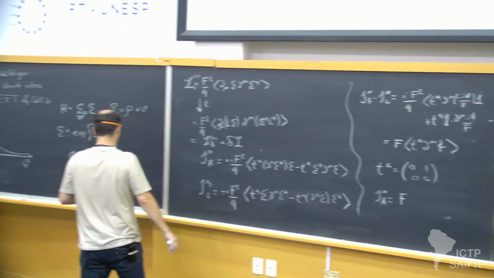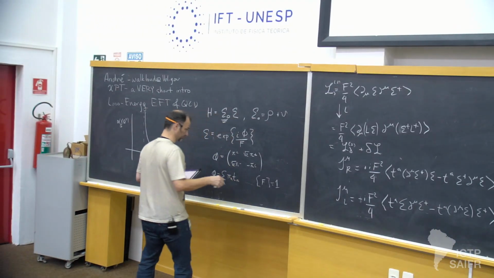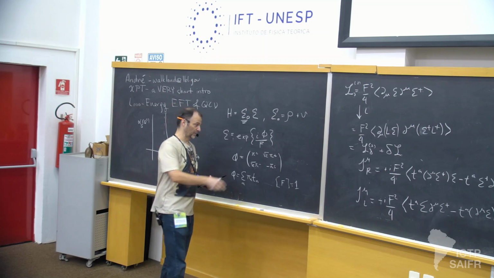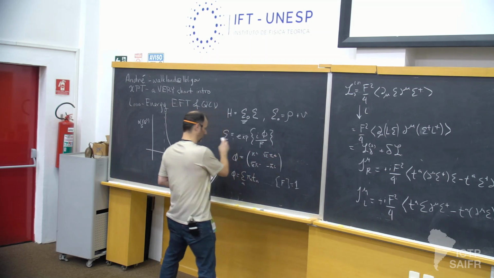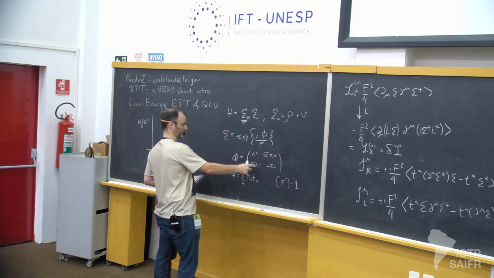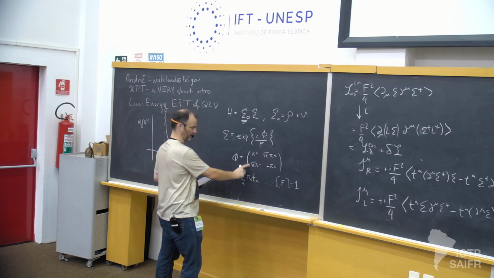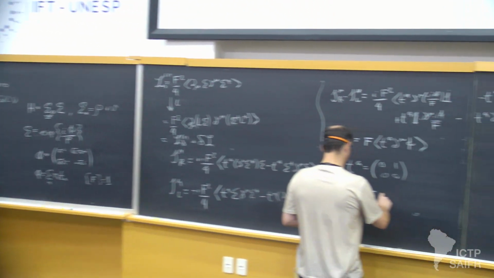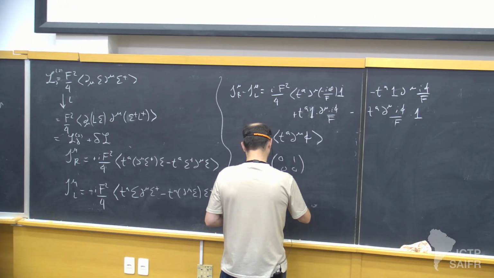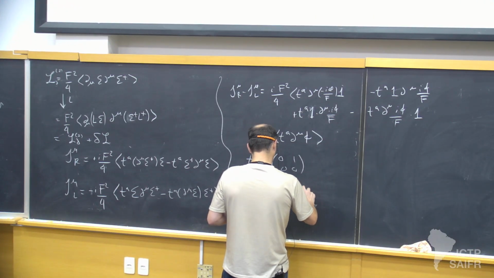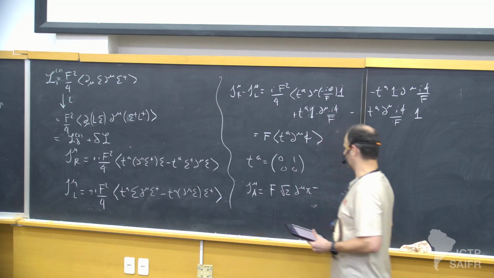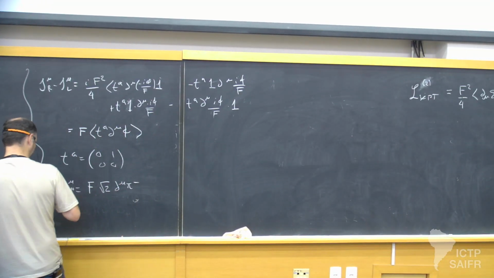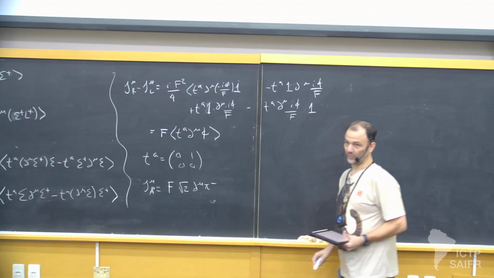So it's going to pick out just the pi minus field, right? If I multiply this by, on the left, (0, 1, 0, 0), this is the only surviving piece, the pi minus. And so I get F root 2 d mu pi minus. So this is the axial current of the plus generator.